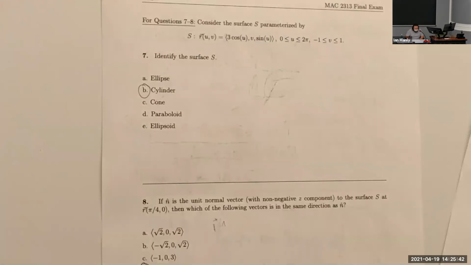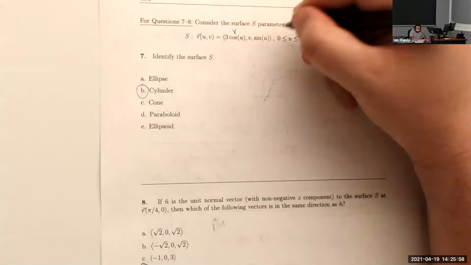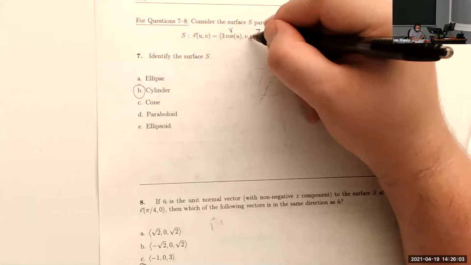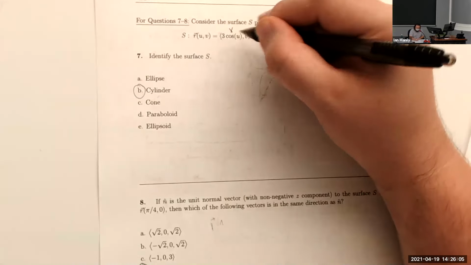Okay, so first of all, I see a sine cosine pair in here, right? Whenever we have a sine cosine pair for a parameterization, it means it's going to be a circle in whatever plane that is. So since we have it for x and z, there's going to be a circle, or I guess actually in this case, it's going to be an ellipse since this is a different number than that.